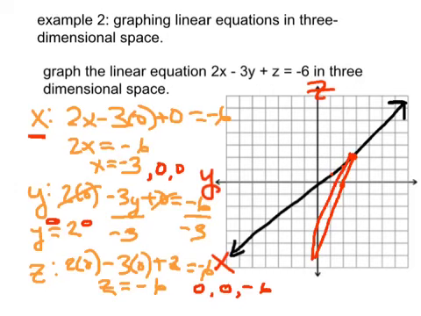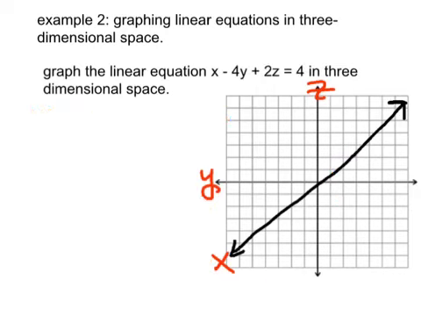For this one, it's awful. Let's try that one more time. 1, 2, 3, point. 1, 2, and negative 6. It still isn't going to be a very good triangle. Okay, we'll do one in class tomorrow.